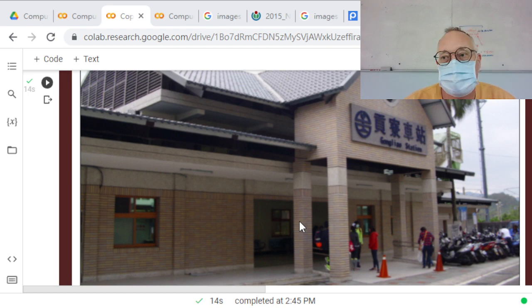Now our traffic cones are actually red or orange as opposed to blue. Right? So now we have the image in the right color format.